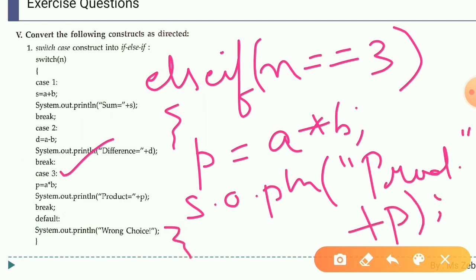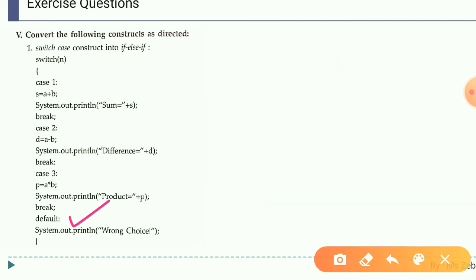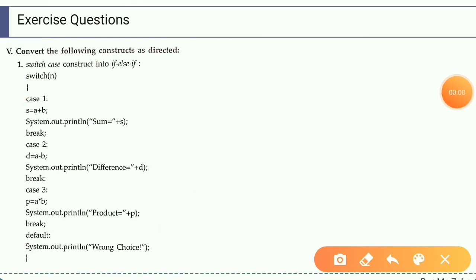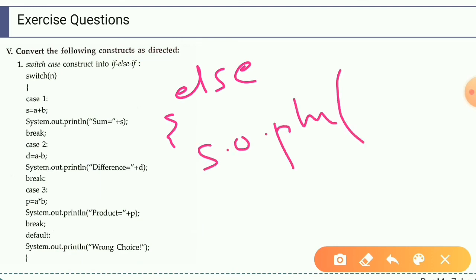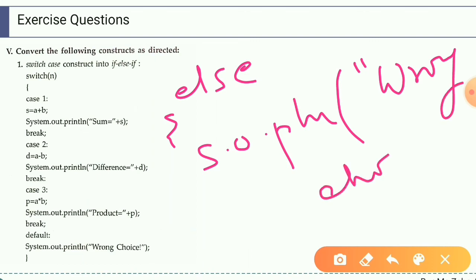Then enclose it with your bracket. And then the last one, for the default value, you write only the else condition. For the last else portion you write System.out.println("wrong choice"), and enclose it with your bracket.